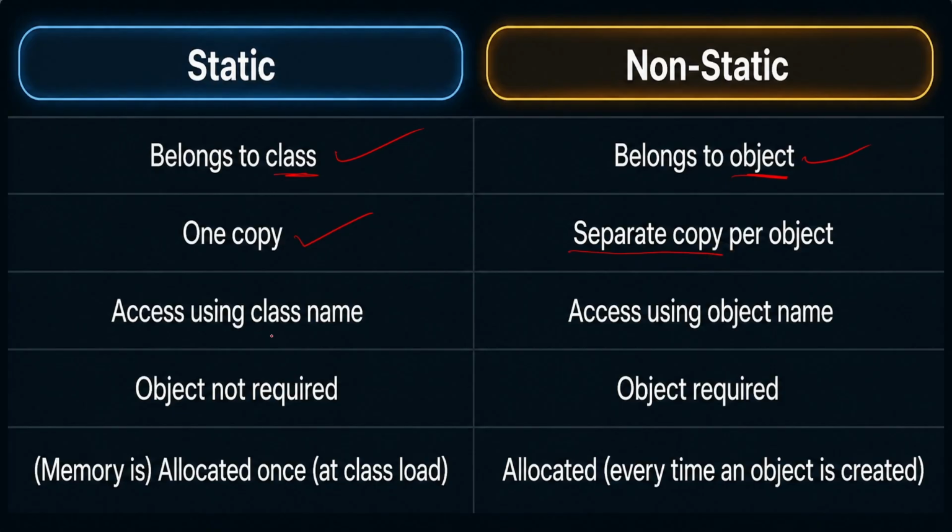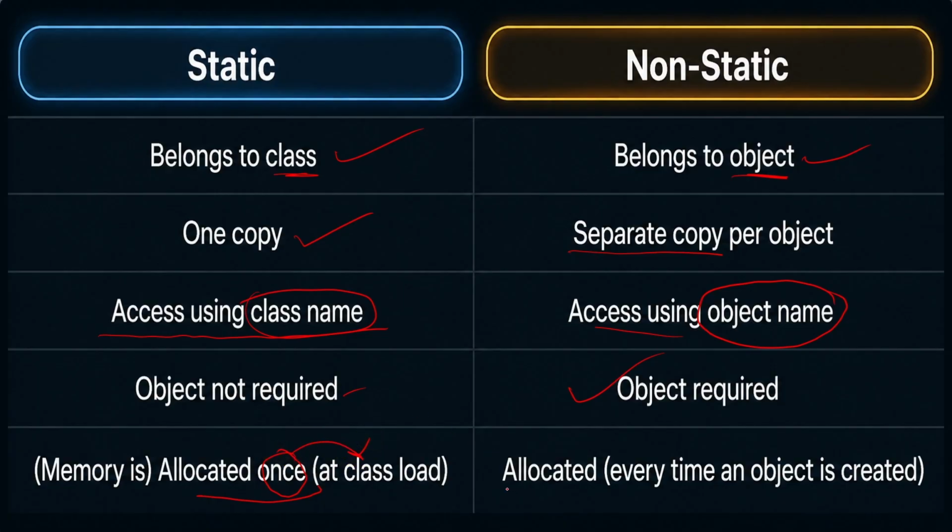How can we access static variables? Using the class name. And how do we access non-static ones? Using the object name. Here an object is not required; there an object is required. For static, memory is allocated once, during class loading.